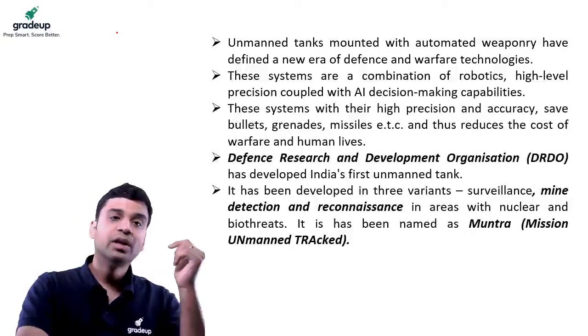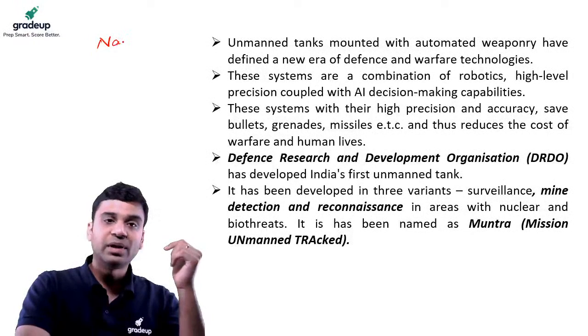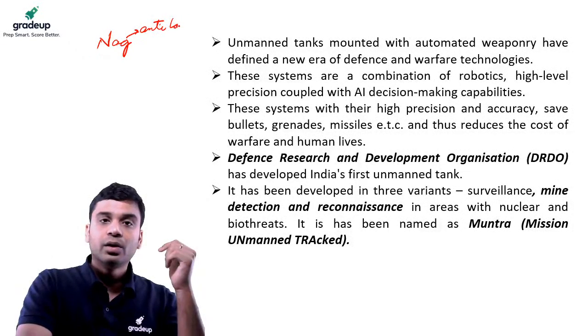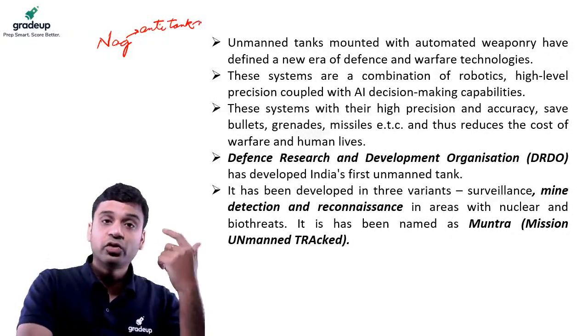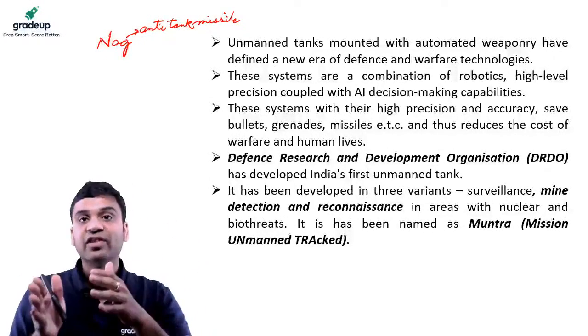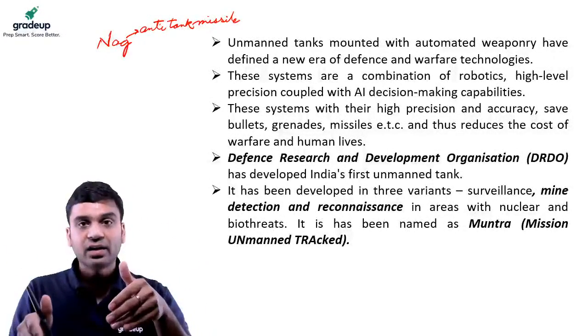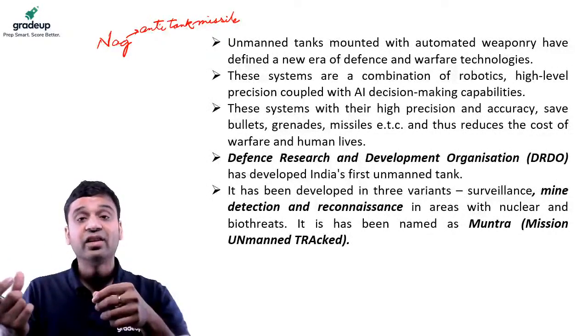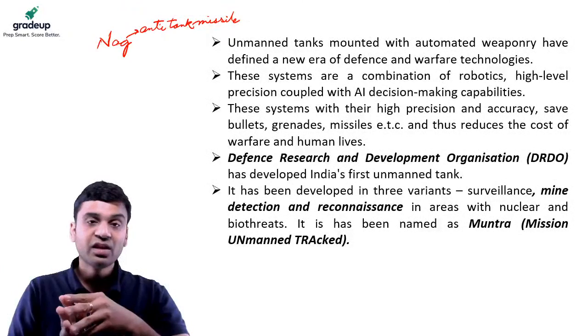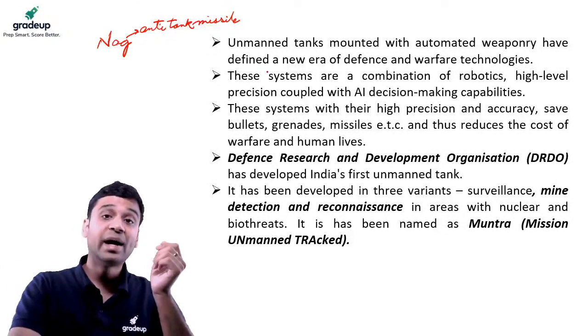Nag is part of the IGMDP, Integrated Guided Missile Development Programme. It is an anti-tank missile. So if the enemy army also has such an anti-tank missile, they can destroy our tank, and in addition to that, the soldier or the person sitting inside also will be killed. So to avoid that, we can build unmanned tanks.